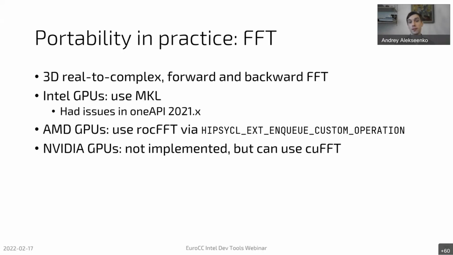And for AMD, we had to use rocFFT and the HipSYCL-specific extension to achieve interoperability between the SYCL runtime and queues and native operations. And the same can be done with cuFFT for NVIDIA GPUs, but it's not done yet. NVIDIA GPUs are not a priority for us on SYCL, so it's in our work plan, but not implemented yet.